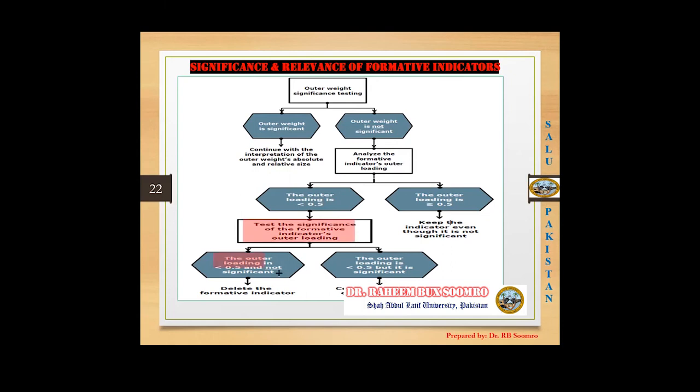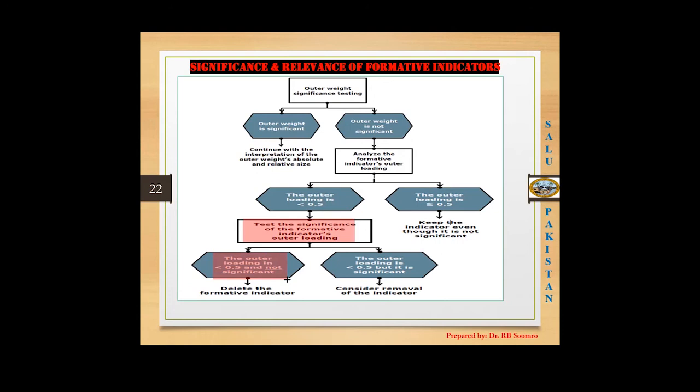If the outer loading is less than 0.5 and non-significant, that means on one hand the value of outer loading is less than 0.5, and on the other it is not statistically significant, then consider deleting that indicator from the formative model.